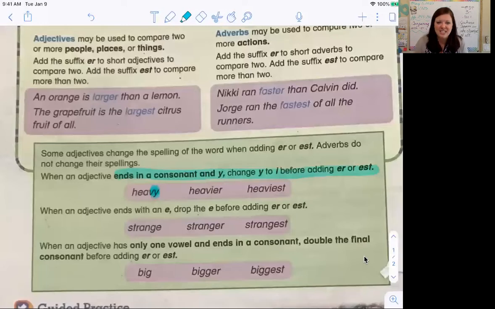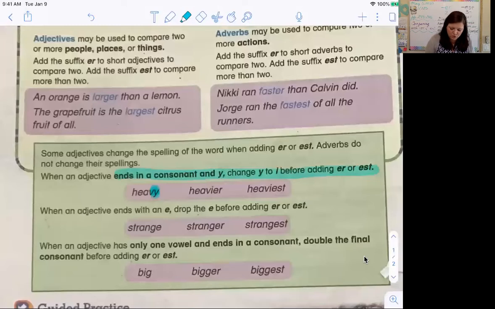Let's move on to our next spelling rule. If you have an adjective and it ends with an E, drop the E before adding ER or EST. Once again, we have seen this rule several times throughout this year, how often we have to drop the E before we add on something else or a suffix that begins with an E itself.